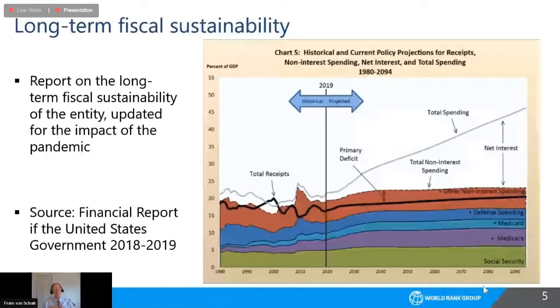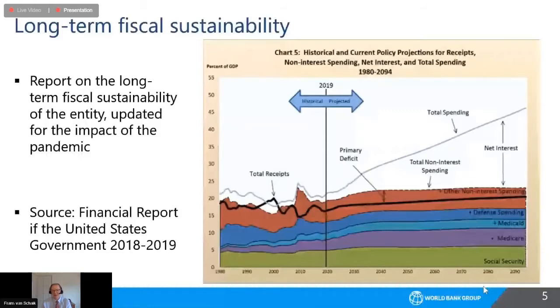A great example is the one that we see in the financial report of the United States government. Here you see the one that was issued in February this year, where the thick black line is the total receipts, and the thin blue line is total spending.